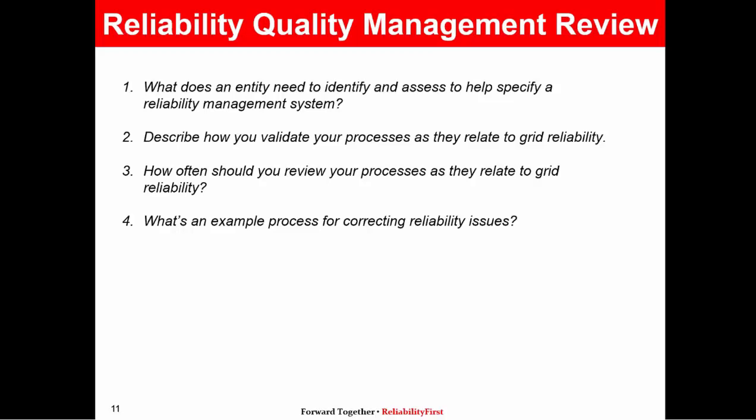Third one is how often should you review your processes as they relate to grid reliability? And the fourth example is what is an example of process for correcting reliability issues? So if you take a few minutes to answer those questions, and what we'll do is we'll discuss the answers to those questions.